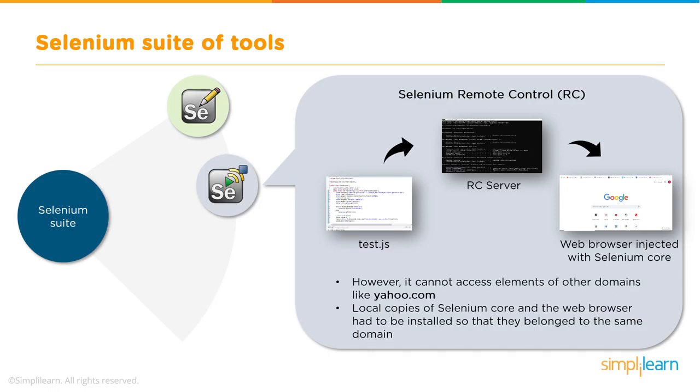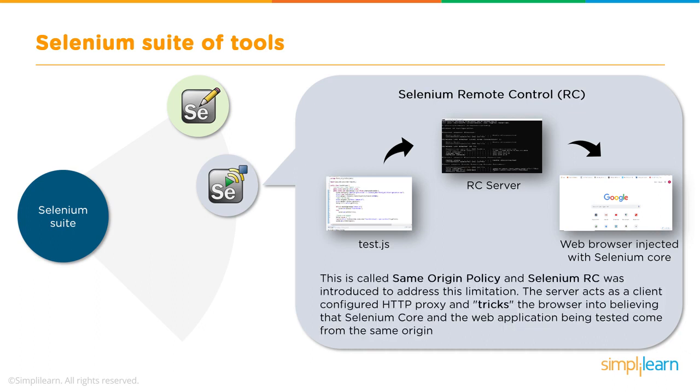For example, every web page in the google.com domain, like your search, email, Google Drive, can be accessed, but nothing outside this domain, like Yahoo or Amazon, was possible, due to security reasons obviously. So the testers had to install the Selenium Core and the web server containing the web application they were testing on the same system, and this was not feasible or effective all the time.